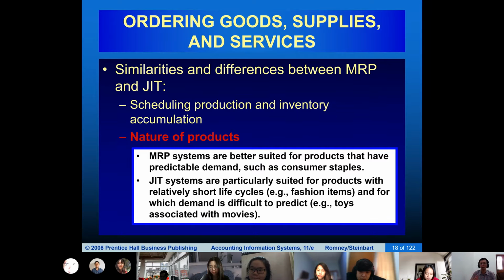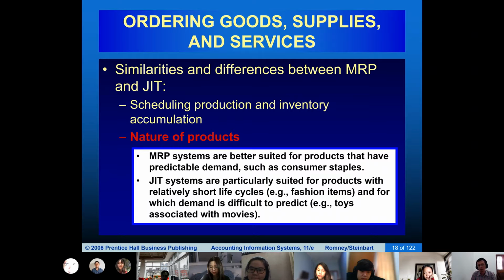We predict that in 3 months' time there will be this much rice in demand, so we plan this much rice in the rice field. While just in time is good for products that have relatively short life cycles, like automotive, fashion, or something associated with movies.